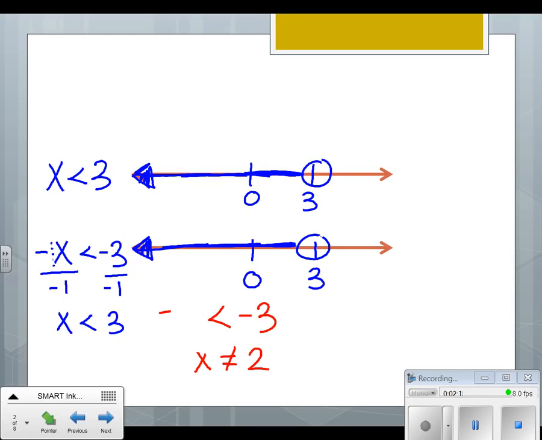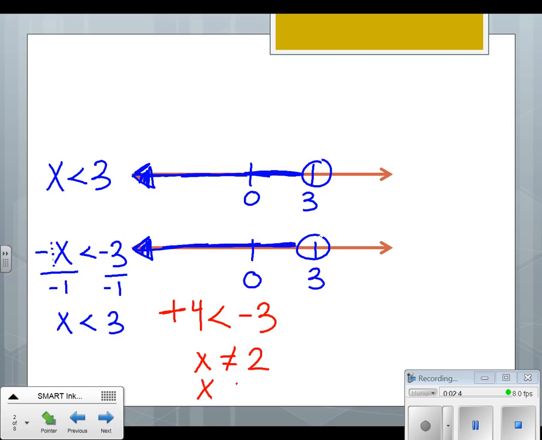Let's just check one other value for x that we have shaded here. How about something less than 3, let's just say negative 4. So if I put in negative 4 right here, this becomes positive 4. Is 4 less than negative 3?